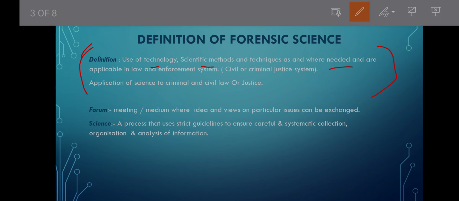Wherever we need this particular technology, scientific methods or techniques, for example in crime scene detection where we can find blood, where we need a technique like DNA examination or blood examination, and it should be applicable in the law and enforcement system, where we use forensic science or investigation most in criminal or civil cases, right?